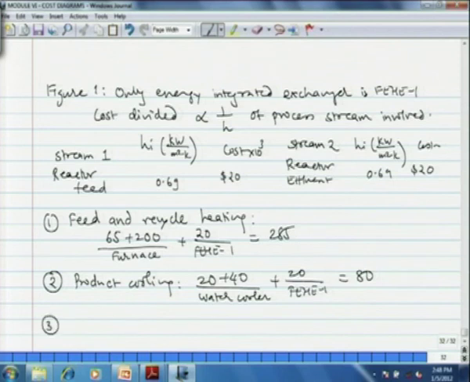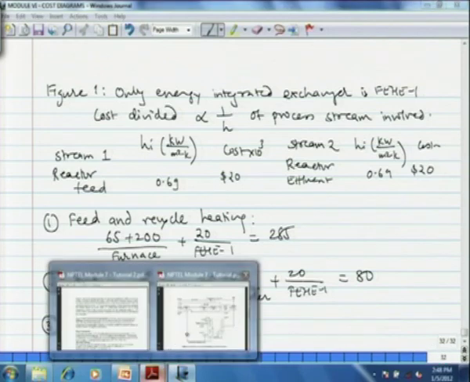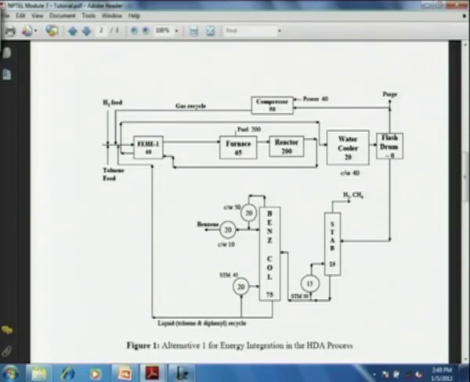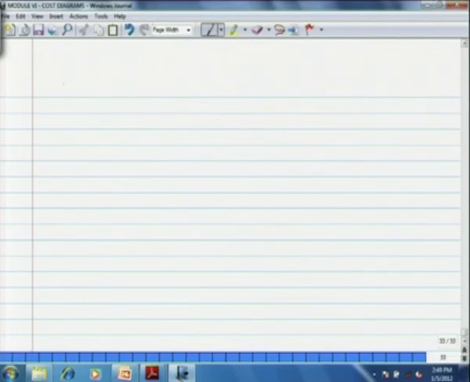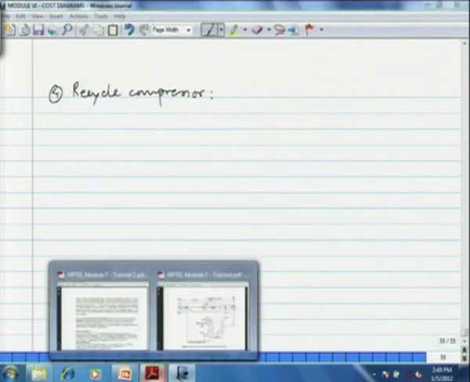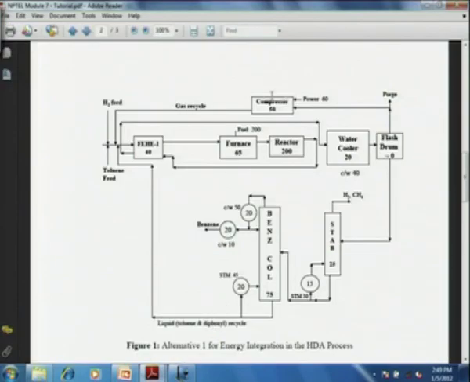Then the third is the reactor. Reactor has the total cost of 200 that we take as it is. Then the recycle compressor. The recycle compressor has $50,000 as the annualized capital cost and $60,000 of power.